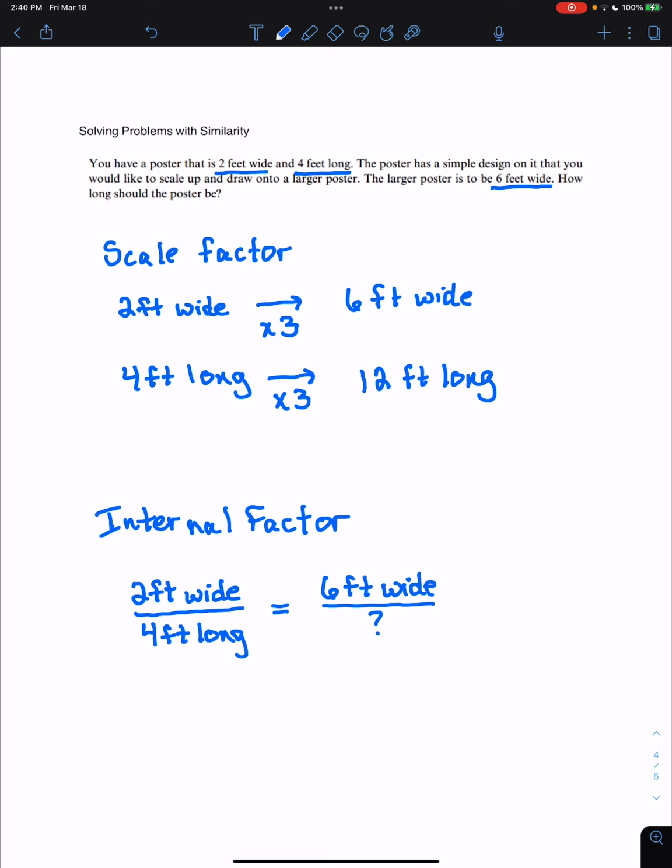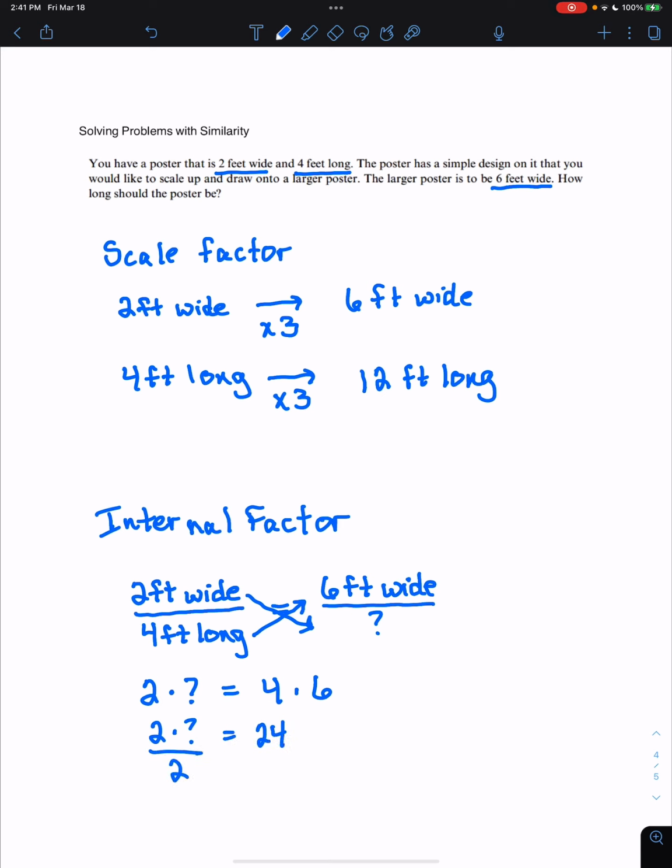Now that I know I have it set up correctly, I can now cross multiply. So now I can leave off the extra words and just say 2 times question mark equals 4 times 6, or 2 times question mark equals 24.